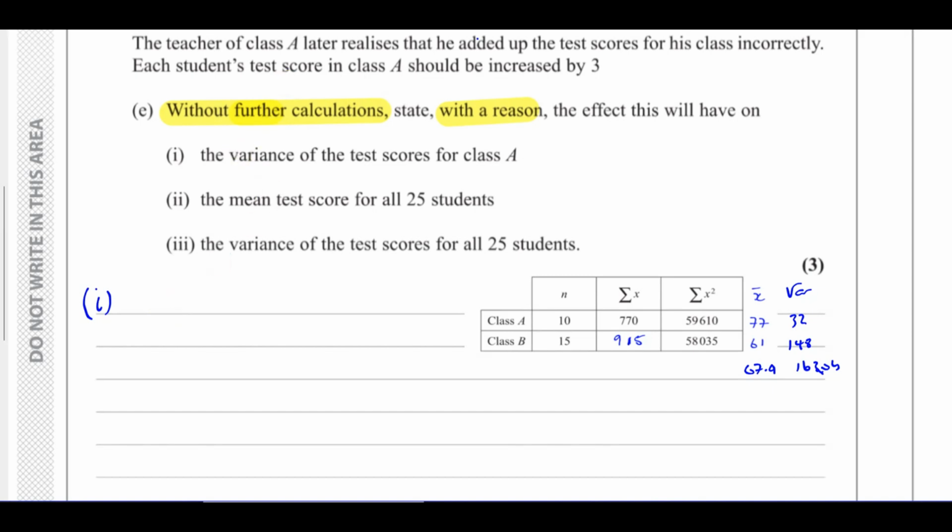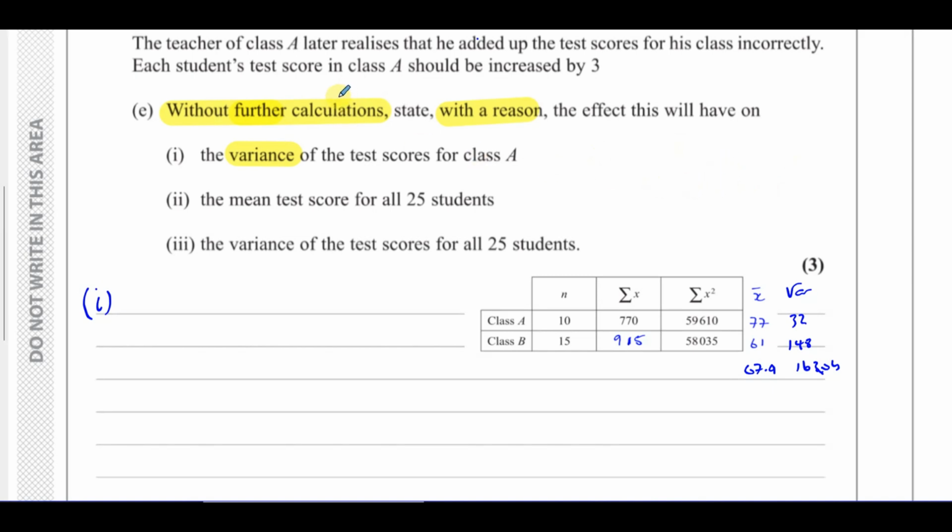Now, the variance of a set of data is a measure of how spread out that data is. And increasing the marks, or adding or subtracting by a certain amount, does not change the range of the data. It doesn't change the spread of the data.